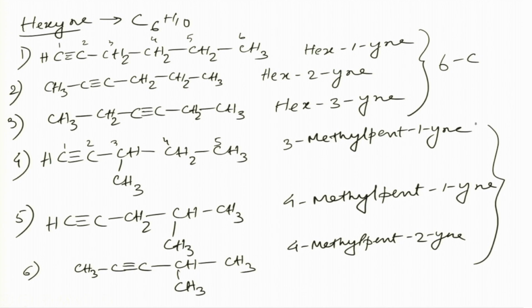These 3 molecules have a 5 carbon chain. So, they are positional isomers to each other and chain isomers to the first 3.